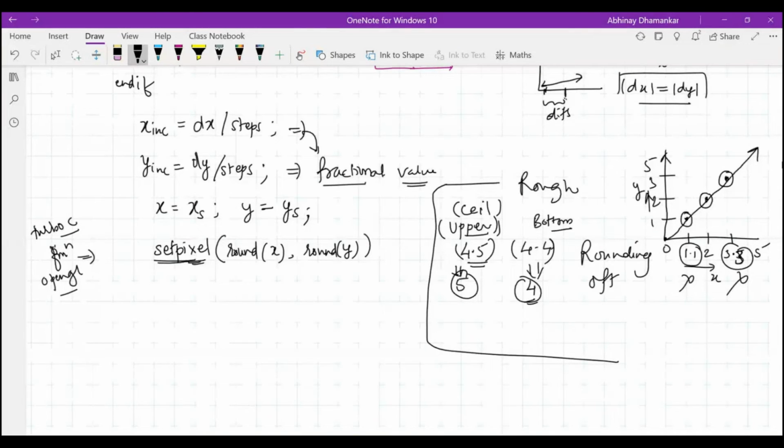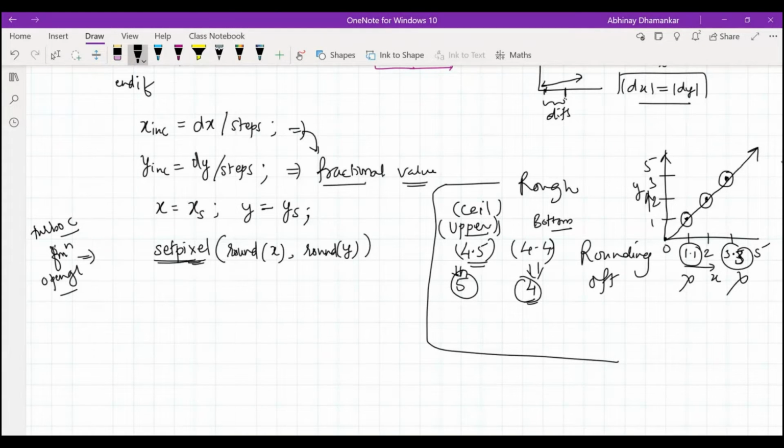And they always ask this question. This question will be asked: why do we need to round it off in the DDA algorithm? The reason for rounding off is that in graphics we do not deal with the fractional part. That's why the DDA algorithm specifically rounds off.